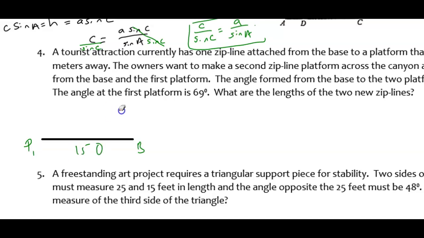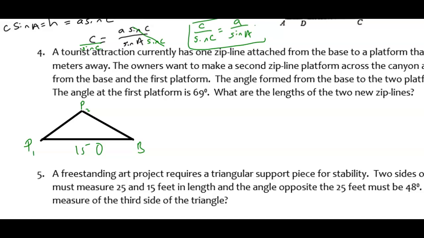It says the owner wants to make a second zip line platform across the canyon, attaching from the base and the first platform. So they want to make a platform that connects this base to that platform and this other platform to that platform.